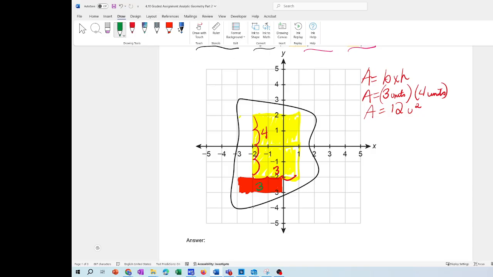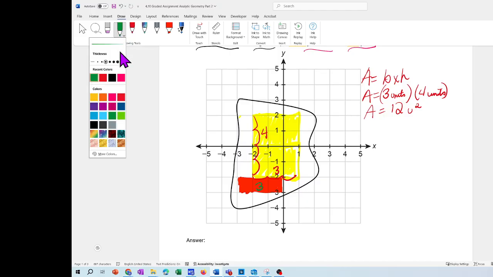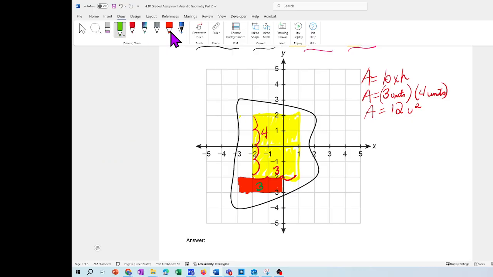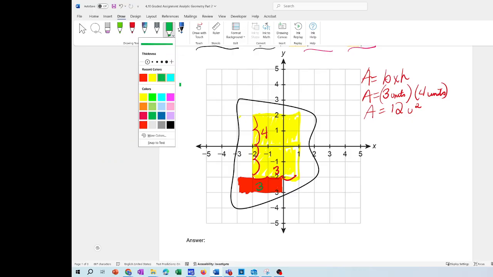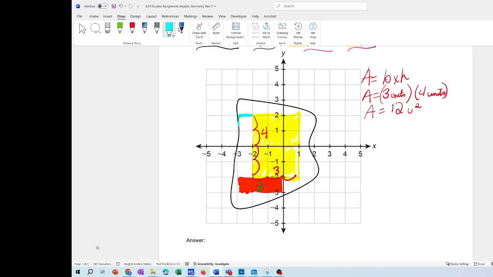Then I have 3 there, so I'm going to add. Then I can do another one here, which would be an approximation. Whatever you can complete. Example here, I know this is not a straight line, but it's going to be an approximation, right?